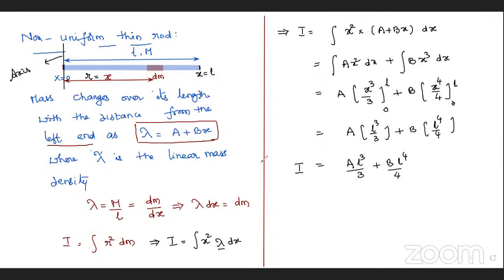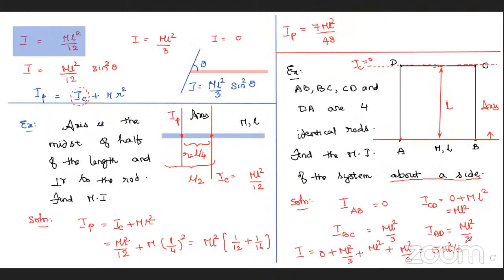Likewise, we have the moment of inertia of a thin uniform rod for uniform distribution. Then here, uniform distribution and non-uniform distribution. Okay, good.